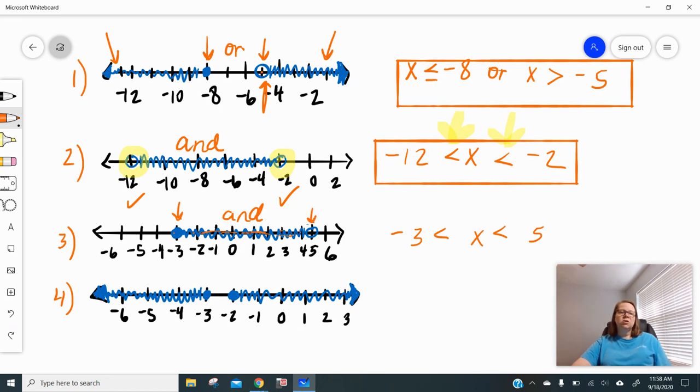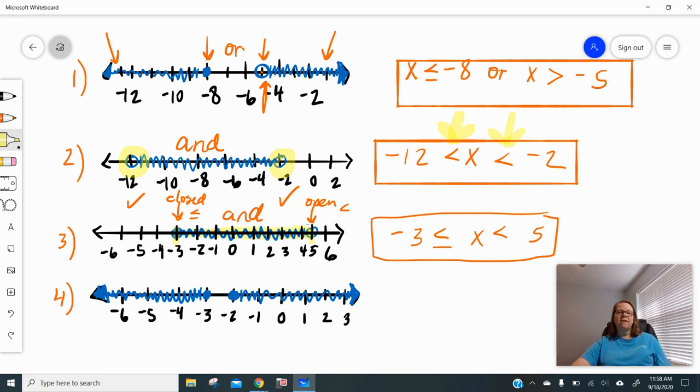So this one's shaded in, so this is going to be closed. So this is less than or equal to. This one's open, so it's just less than. So I need to go over here and add the equal to part. And I'm done. So x is all these possible numbers in the middle, between the -3 and the +5.